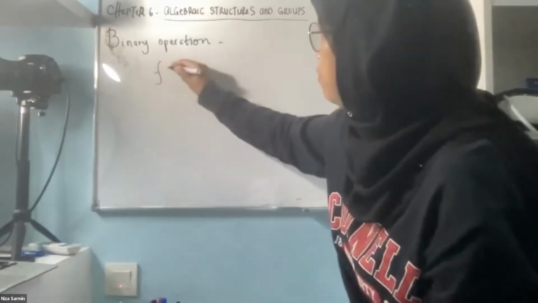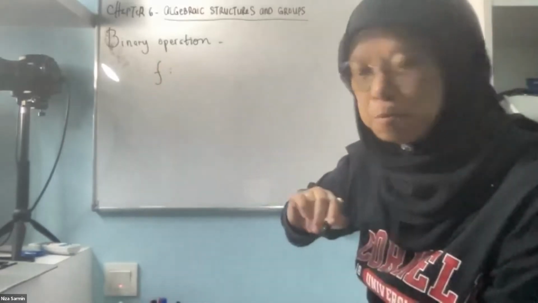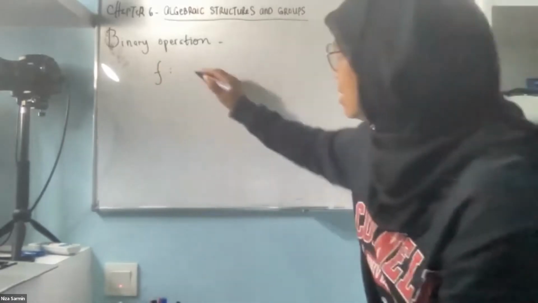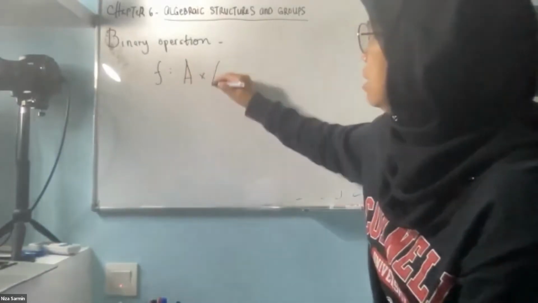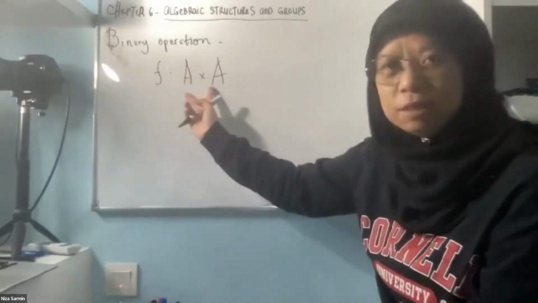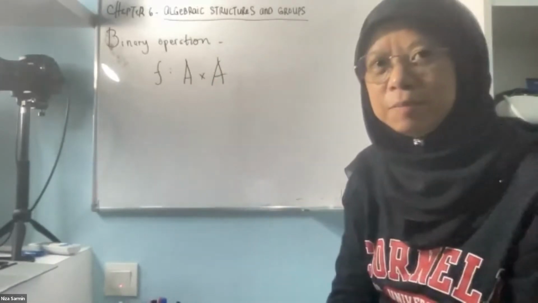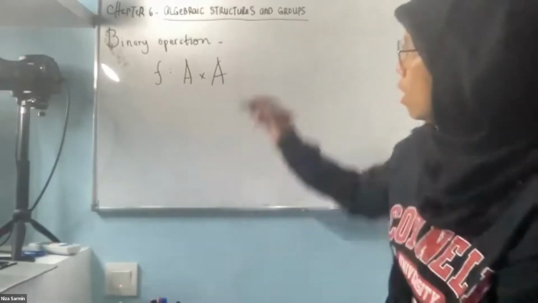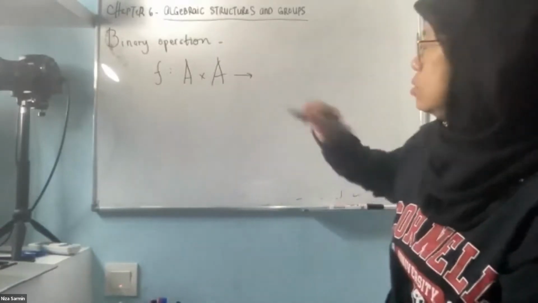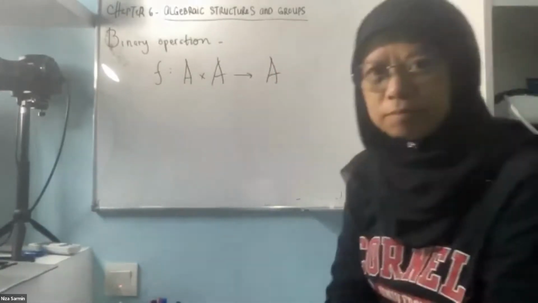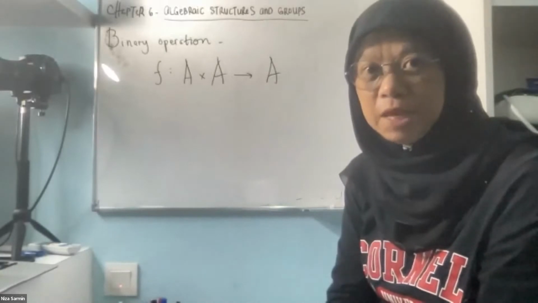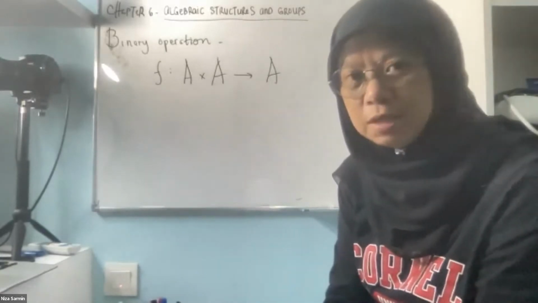So if you have f is a function, baru tadi quiz function kan, from a set A cross A. So this is a pair, right? A pair, a direct product, or a pair from A to A to A. Okay, it has to be the same A. A is any set, non-empty set.